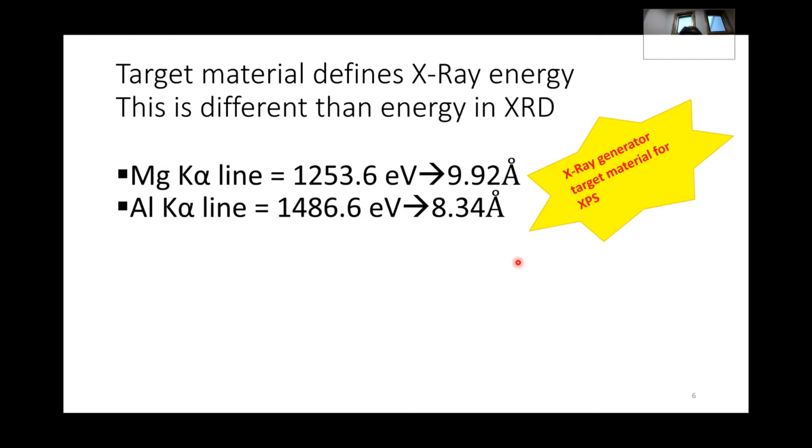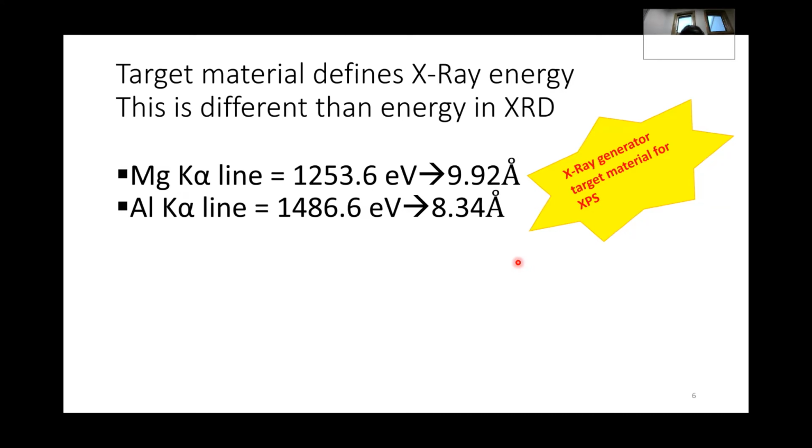The energy of these X-rays are as follows. 1.2 kilo electron volts, if you want to abbreviate, divide by 1,000, so 1.2, or 1.4 kilo electron volts for aluminum.